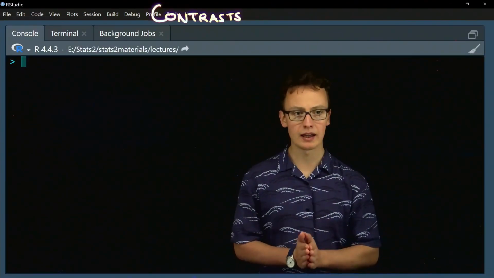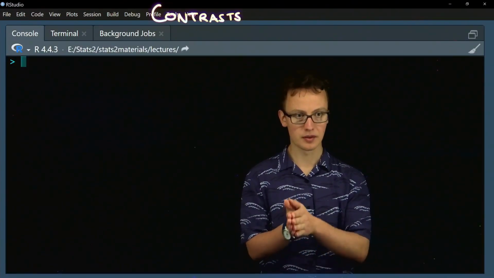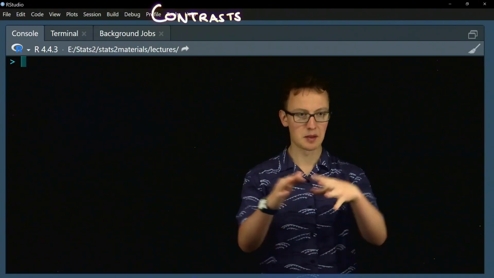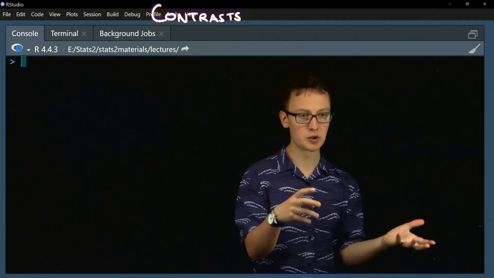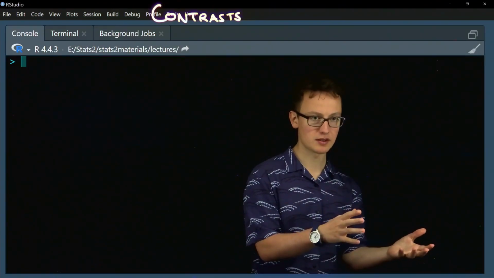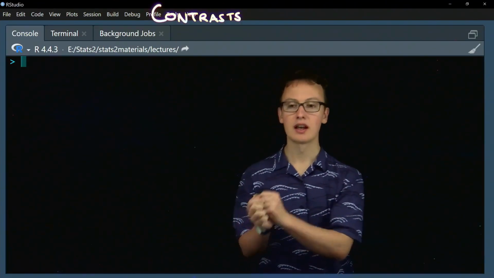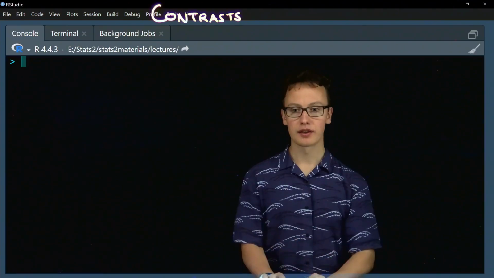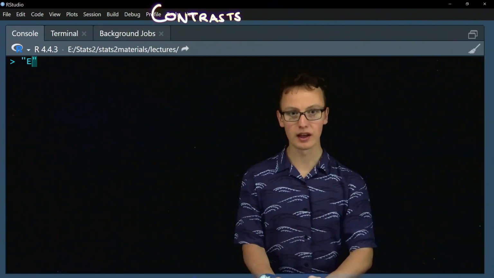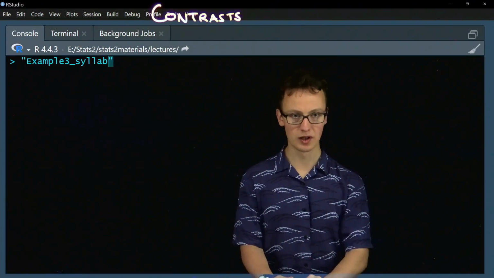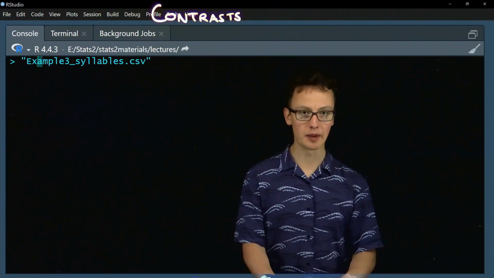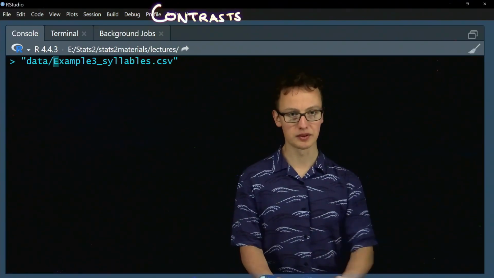Let's now apply the logic we have just learned so that we can create our custom hypotheses and then compute the appropriate contrast matrix from the hypotheses represented as the hypothesis matrix on a real data set. That real data set we're going to look at is called example3_syllables.csv. In my case, I've saved it in a subfolder called data.